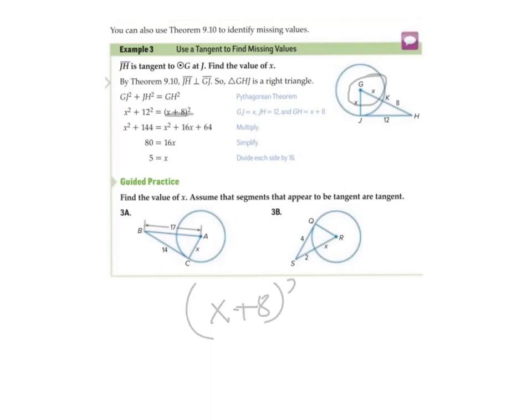When you have a square, you square it, you double it, and then you square it. So to simplify that is going to be x squared plus 16x plus 64. The quickest way: square it, double it, square it.